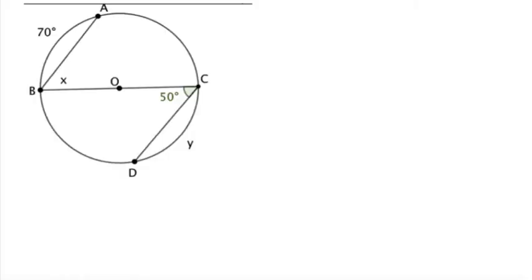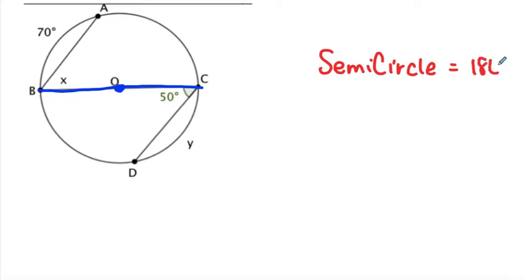All right, let's try this. I want to try to find x and y. The first thing I always want to notice is my center. I know that this is a diameter. We know from previous lessons that a diameter cuts the circle into two semicircles, and a semicircle has a measure of 180 degrees.